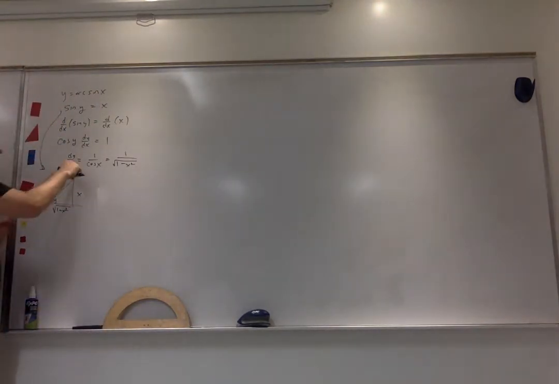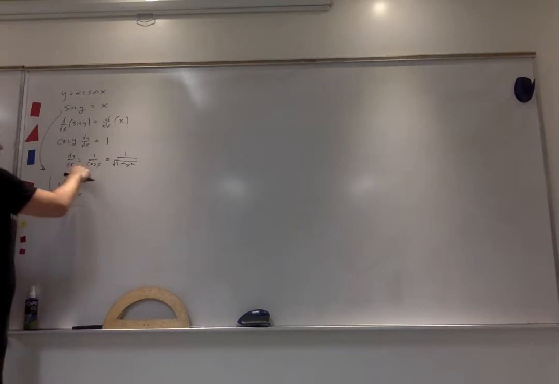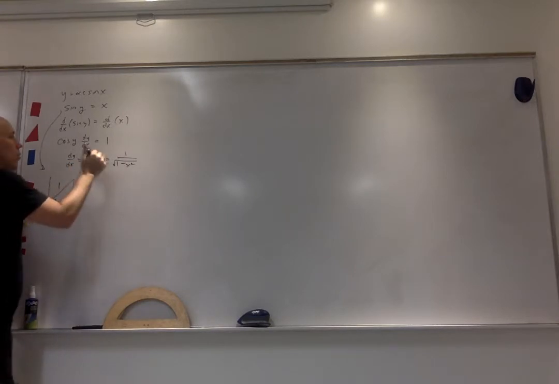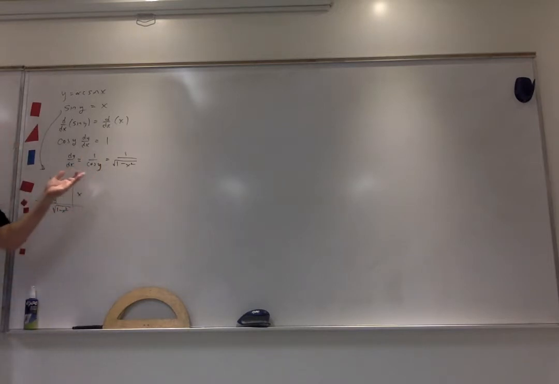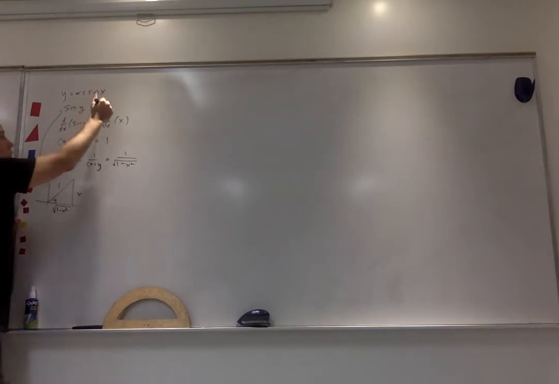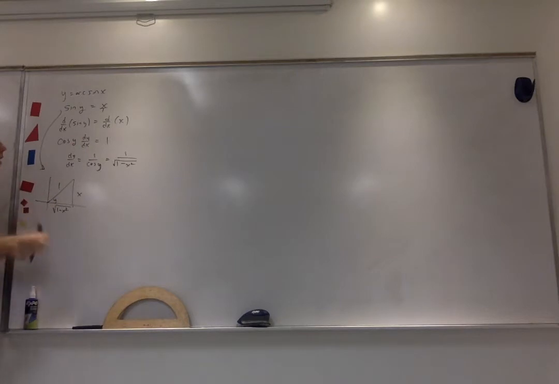So we had dy over dx is cosine y, but we don't want y, we want it in terms of x. We go back to SOHCAHTOA: sine of y equals x over 1. Make a triangle where the angle is y.